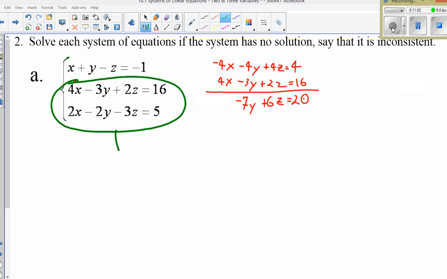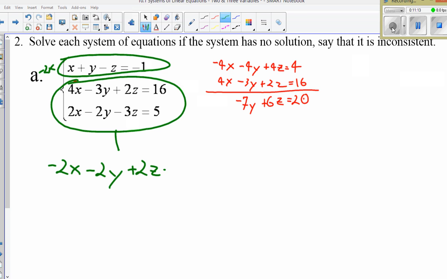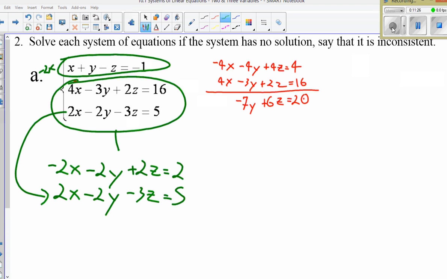So I'm going to multiply this one by -2, and then I'm going to get -2x minus 2y plus 2z equals 2, and I'm going to add it to this one. So we get 2x minus 2y minus 3z equals 5. As I add this up, what I'm going to see is that my 2's will eliminate. I get -4y minus z equals 7.